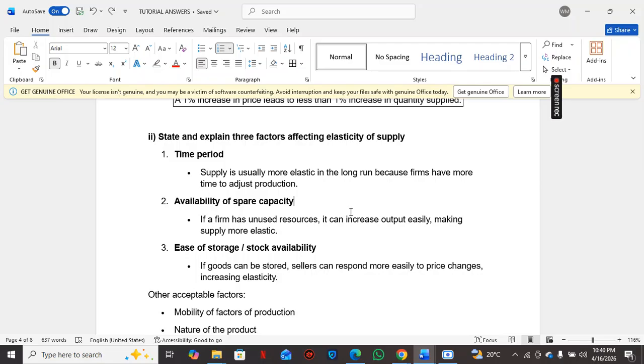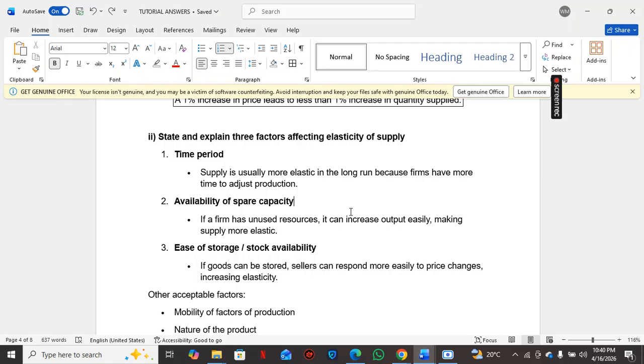But now if you don't have any stock that you are storing, and the price increases, you can't go to any warehouse where there's stock and increase your supply. You'll still be limited. So if whatever you're producing can be kept, especially non-perishable goods, you produce a big amount and store them at the warehouse, then when price increases you will supply all of those, and your supply is elastic.